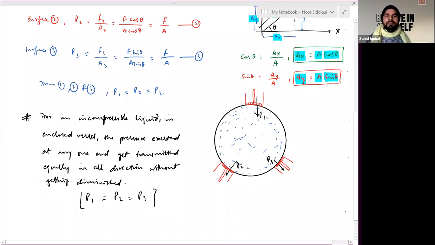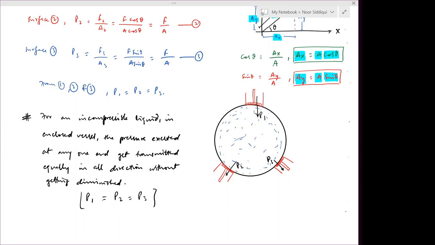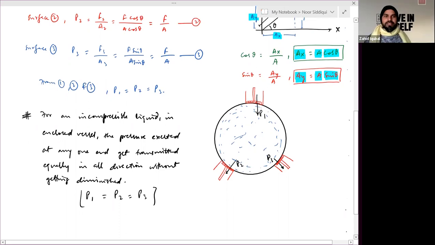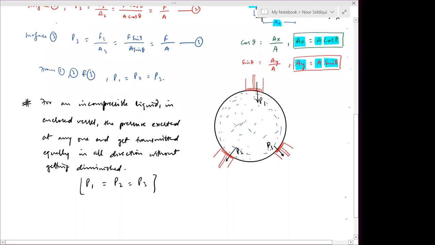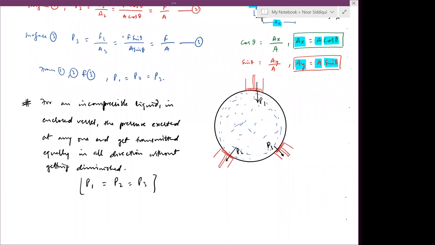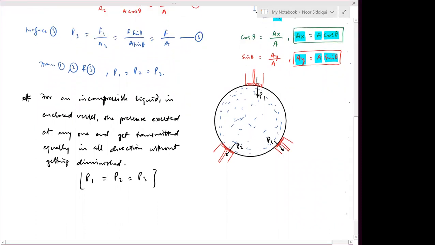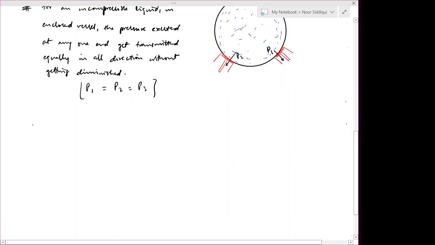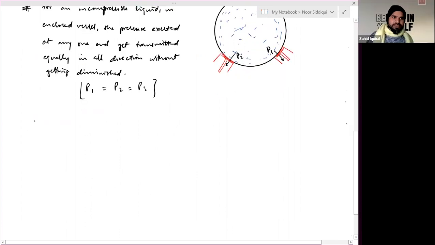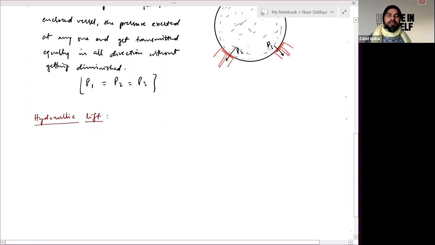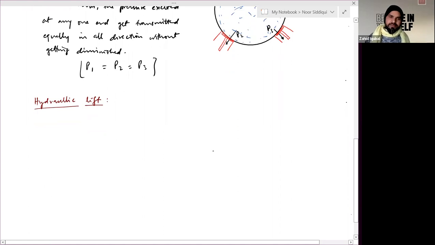Okay? Yes, sir. Okay, just write it down. Then let me define the application of this Pascal's law. On the application of this Pascal's law, there is an instrument called hydraulic lift, which is used to uplift heavy vehicles by applying very small amount of effort on it.